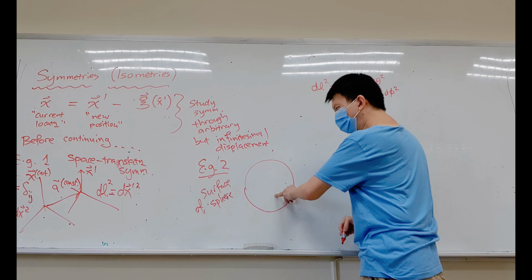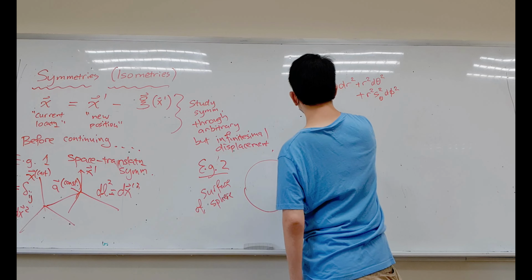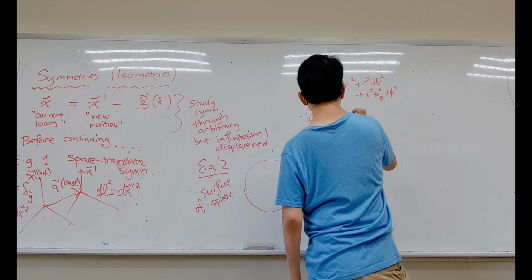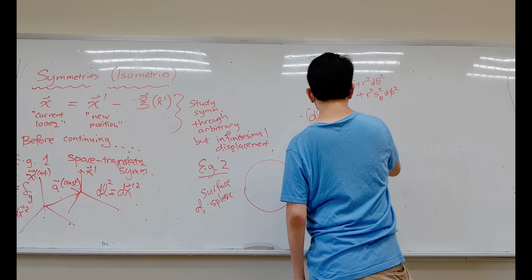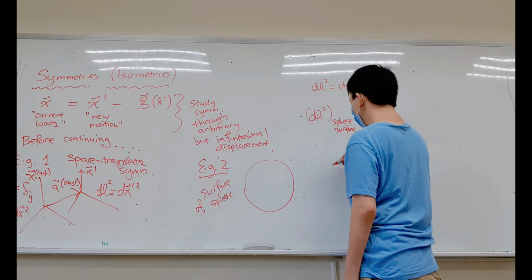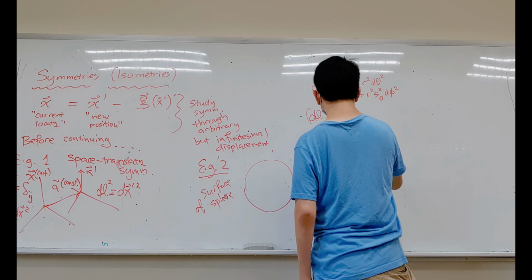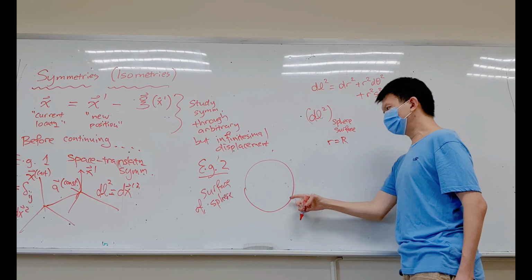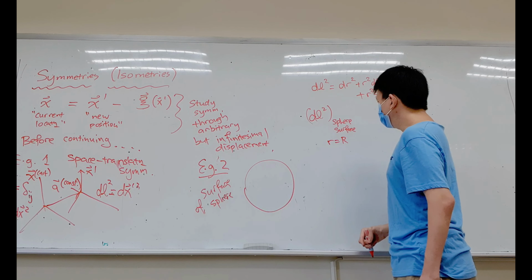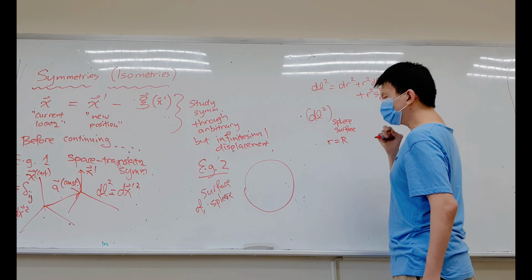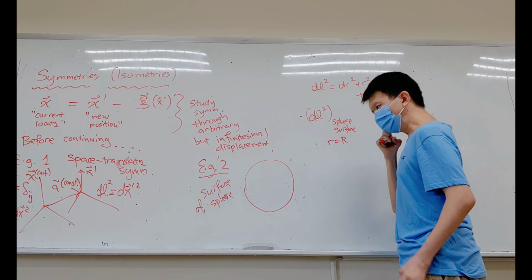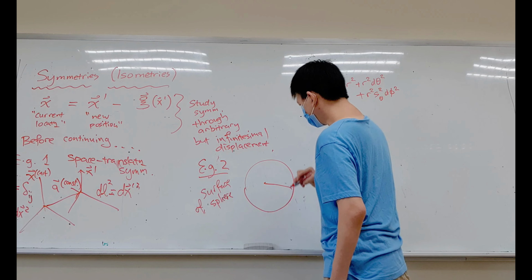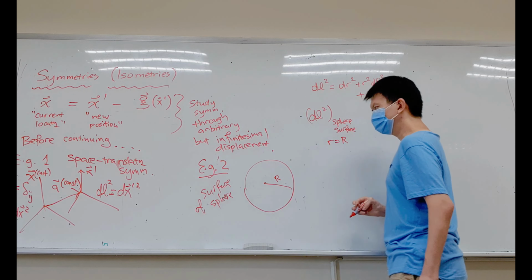So you can easily write down the metric on the sphere, letting r equal capital R. Why is it easy to find the metric? Because the metric is simply the metric in space, but now you specialize to a constant radius, since I'm looking at the surface with a constant radius capital R.